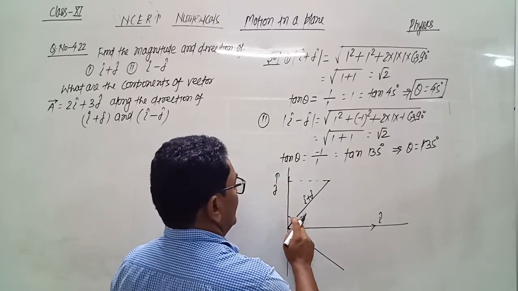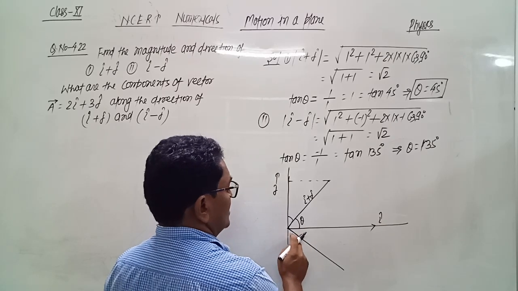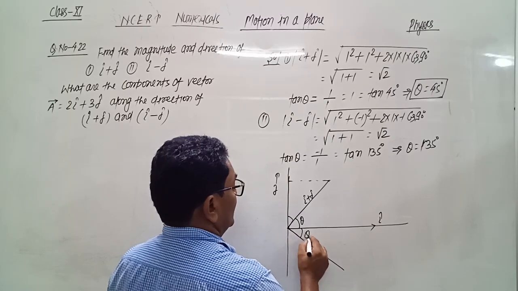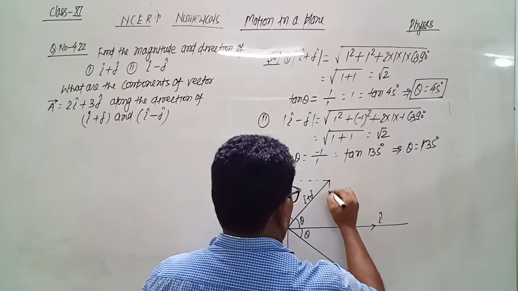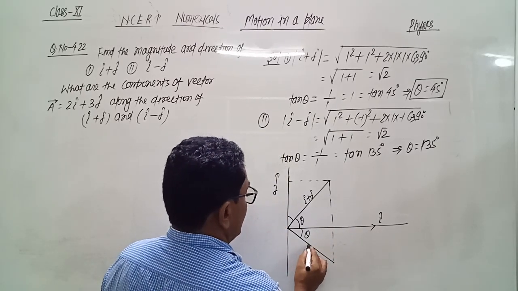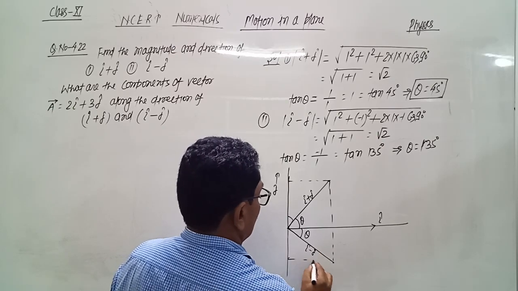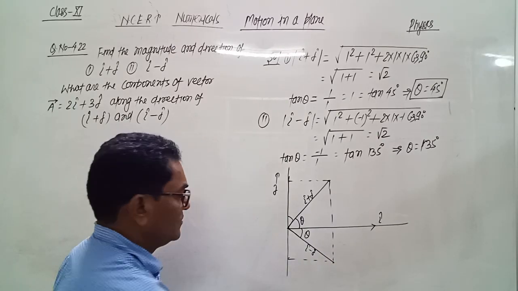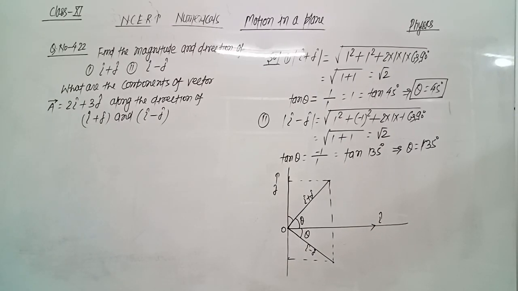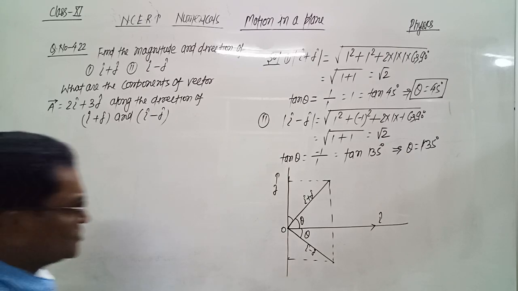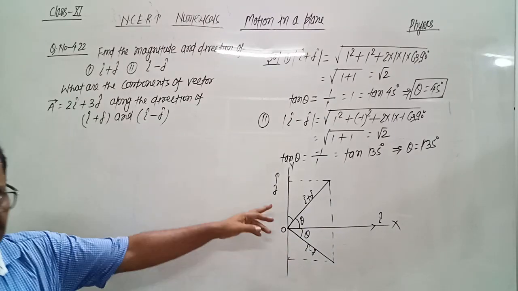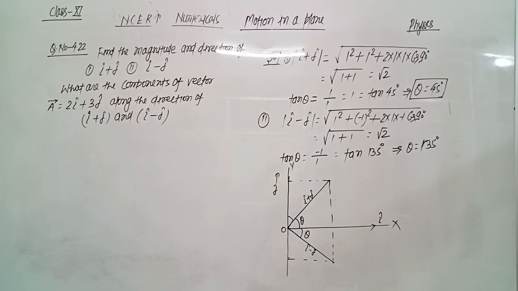This is 45 degree, this is also 45 degree, and this is again 45 degree, and this is 90 plus 45, 135 degree. Let this angle be theta. So this represents i cap minus j cap, and this is negative of j cap. So we can represent by the diagram. This is x axis and this is y axis. So i cap plus j cap and i cap minus j cap.